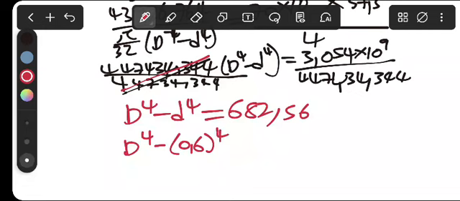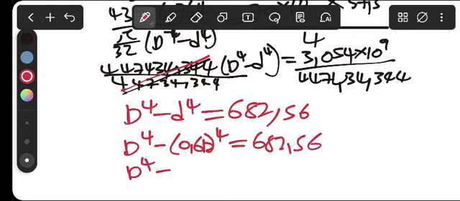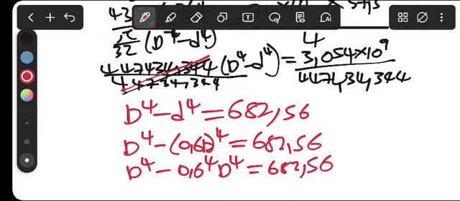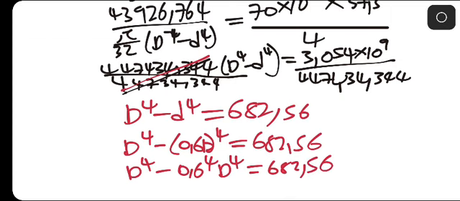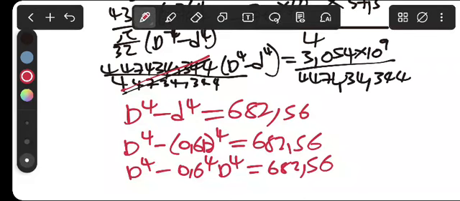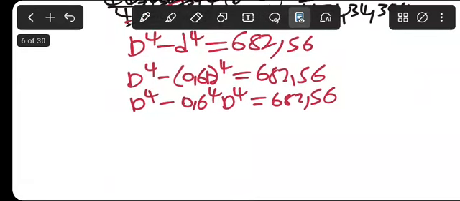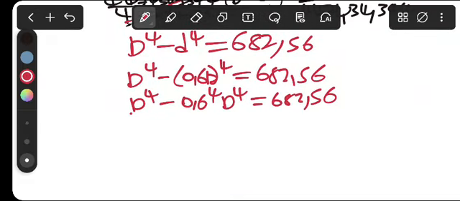Here we have d also, the same as 0.6 d to the power 4. Now remember, d and d is the same, so I say same as 1.